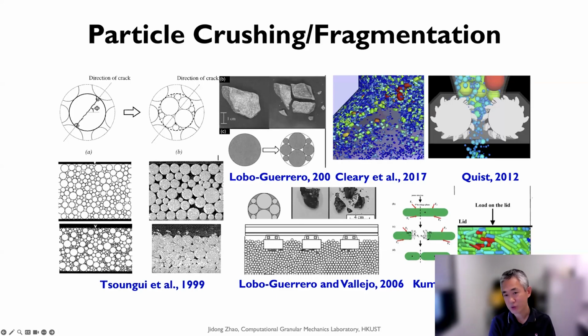We can consider equal sizes or certain grain size distributions to replace it, and we can consider, for example, total mass conservation in this way. So essentially we replace a big particle with a number of smaller particles of different sizes, and this is what we call the particle replacing method to consider crushing.